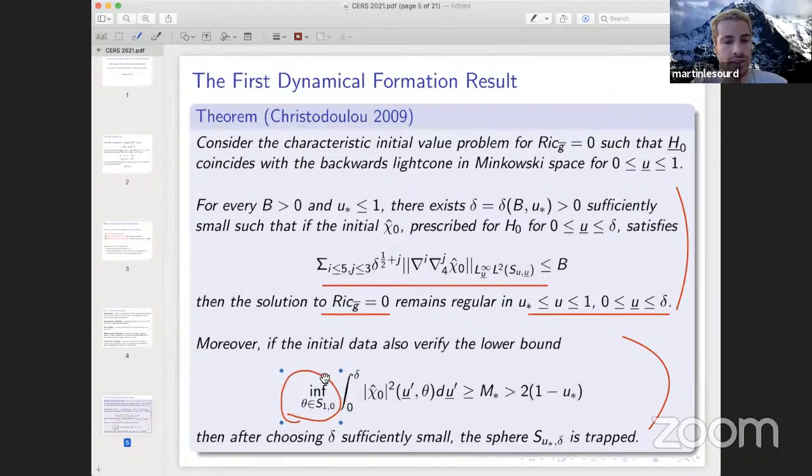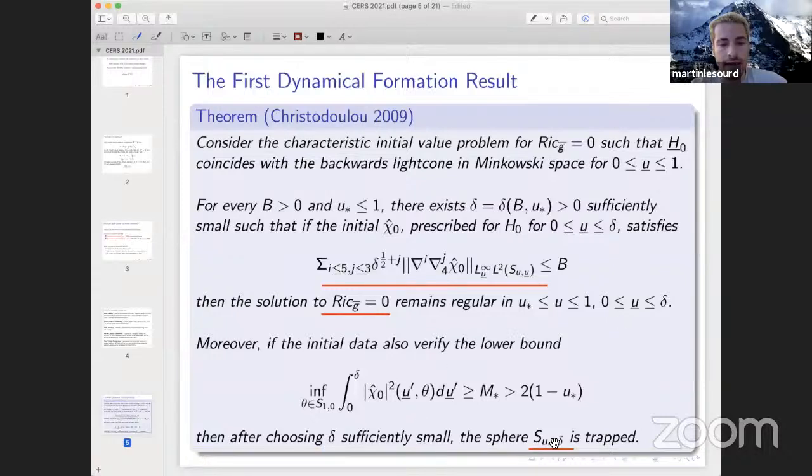So this is saying that if the integral from 0 to delta of the shear, again the traceless part of the null second fundamental form, is sufficiently large, then after picking your delta sufficiently small, the sphere at the top of the diagram is trapped, right? So this is a dynamical formation of trapped surfaces result.